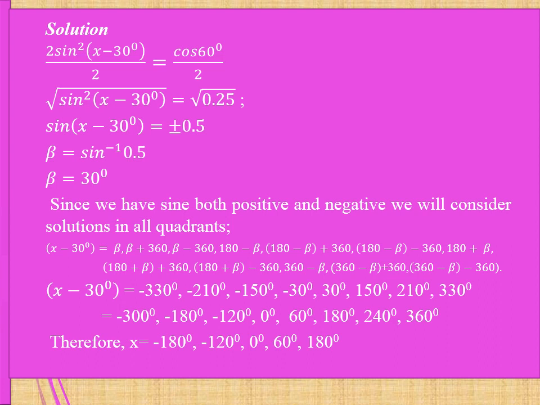So first of all, we are going to get x is negative 300, negative 180, negative 120, 0, 60, 180, 240, and 360. And then when we consider the limit that we are given, we are going to get x as negative 180, negative 120, 0, 60, and 180.